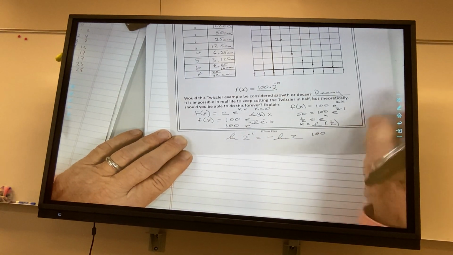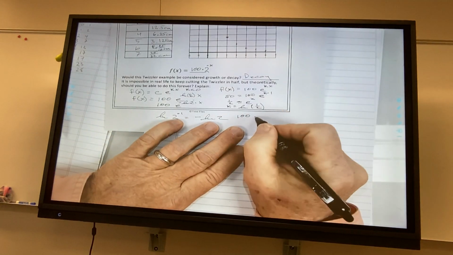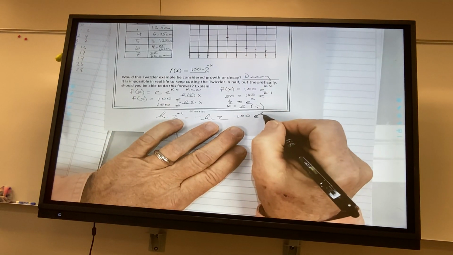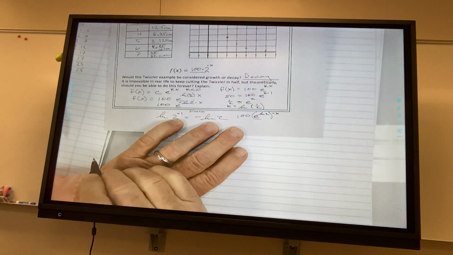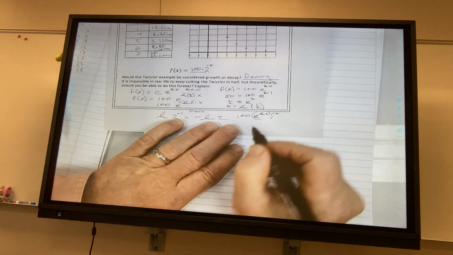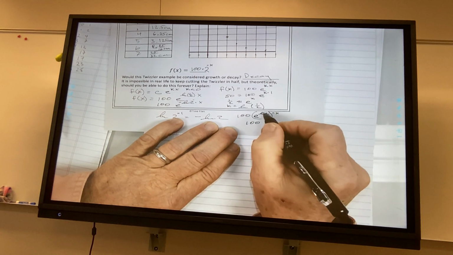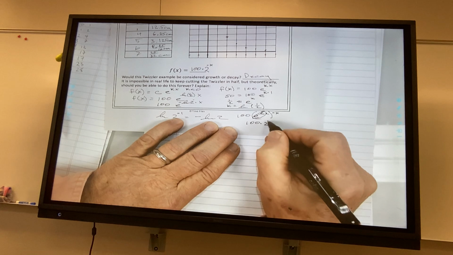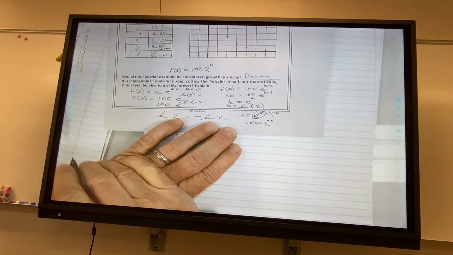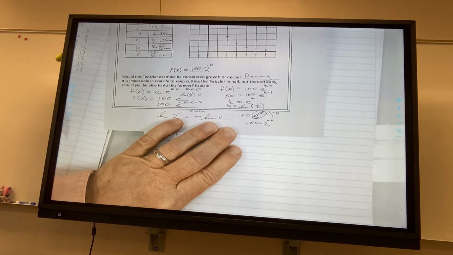In other words, I can say the ln of 2 raised to the negative x power. And then this is going to be 100. There's my inverse functions times 2 to the negative x. Everybody okay on how I transition there?